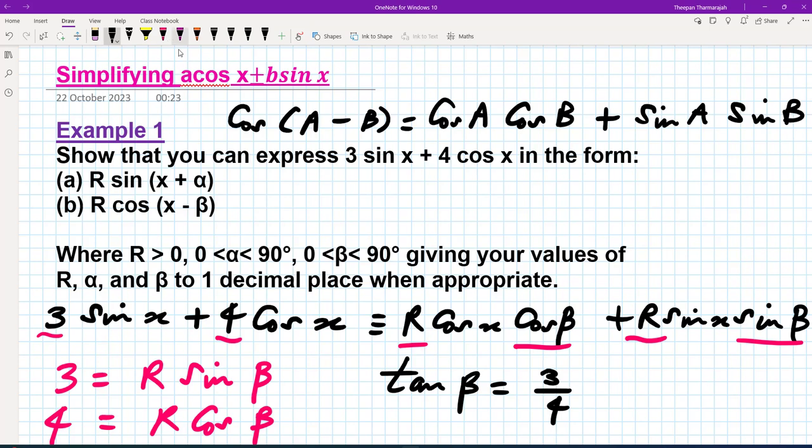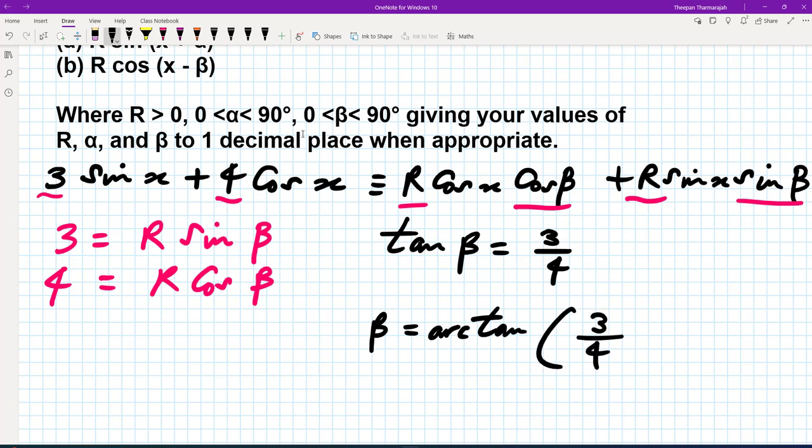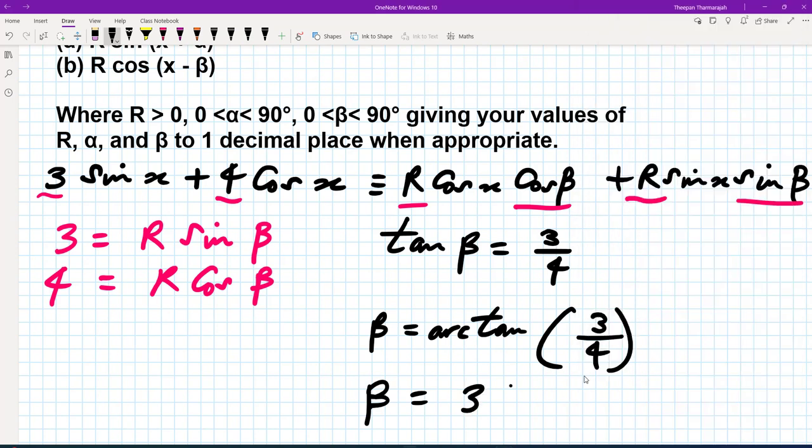So we can say that beta is arctan of 3 over 4, and that will give me 36.9 degrees to 1 decimal place.